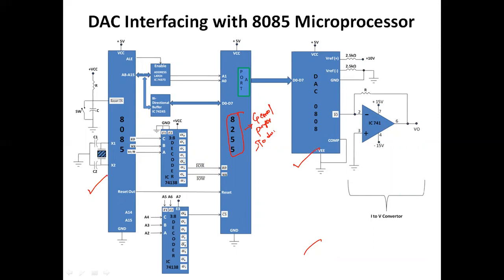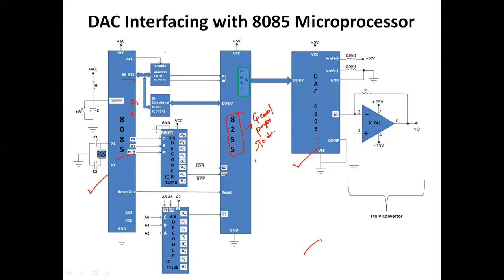When we make use of this circuitry, we have the 8085 microprocessor, the 8255 chip, and finally the DAC converter. Here the A8 to A15 bits of the 8085 microprocessor are there, and we have the A1 and A2 pins, which are directly connected to the A1 and A0 pins.